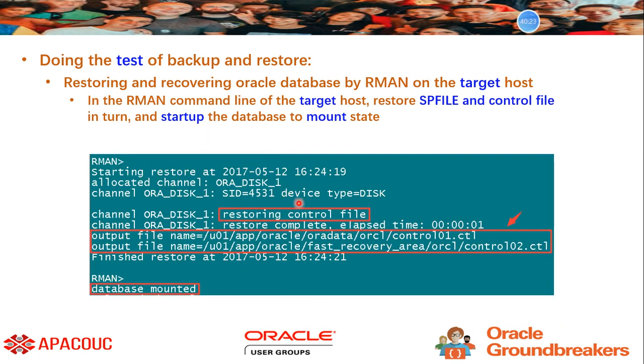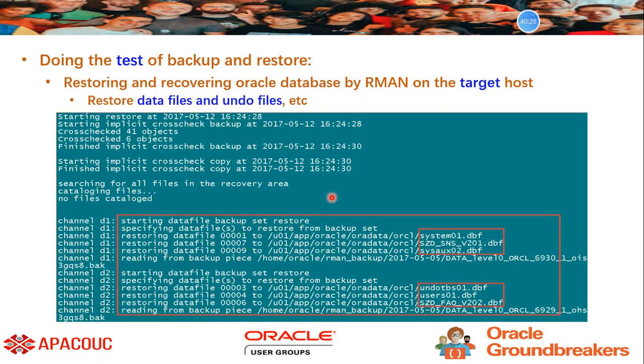Next is restoring the control file. This is starting the data file backup set restore. You can see it's listing this Oracle DB file, 12DB file, and some production DB file.